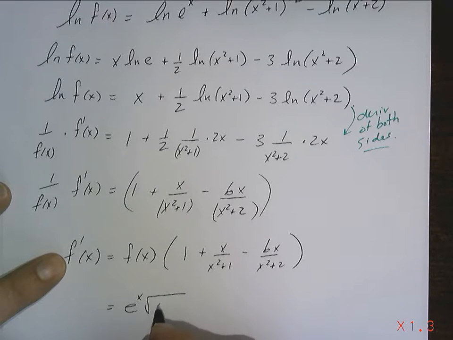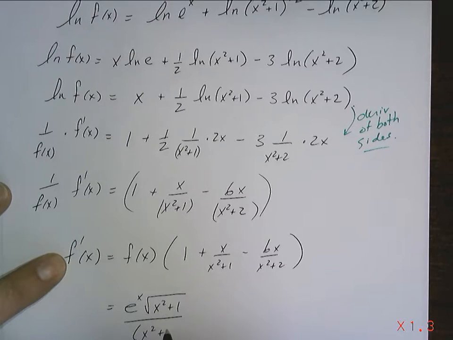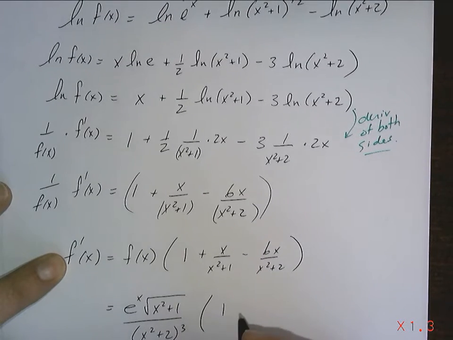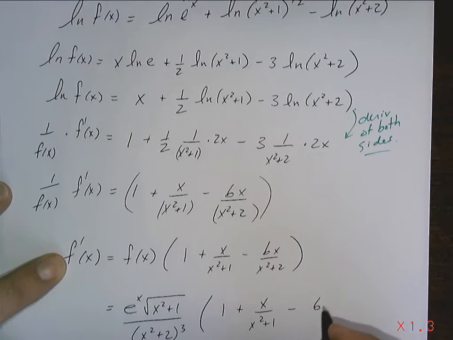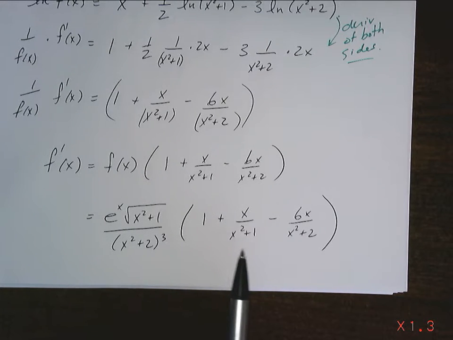I'm going to leave it like this because the rest is just ugly. Now, if someone said set that equal to 0 and solve for x, okay, then I got to do some work here, right? I got to get a common denominator. But nobody said to do that. So thank you very much. I'm going to stop.